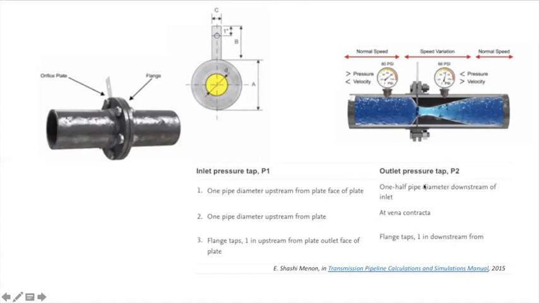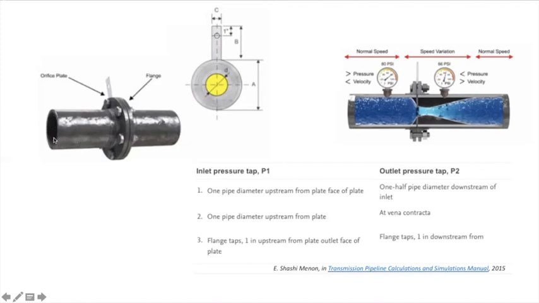As recommended by the American Gas Association, and mentioned in the reference shown below, the pressure tap should be located one pipe diameter upstream from the face of the plate. This is the face of the plate, and this is the diameter of the pipe.